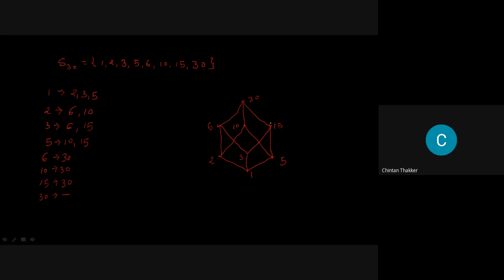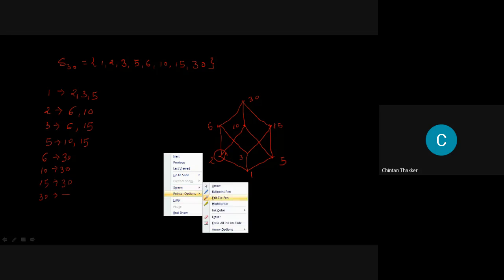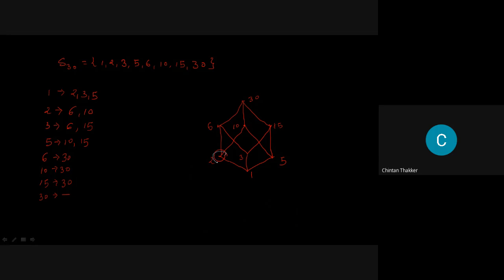Now see here, at 2 we have only a single line coming from the downward side. At 3 a single line is coming. At 5 a single line is coming.